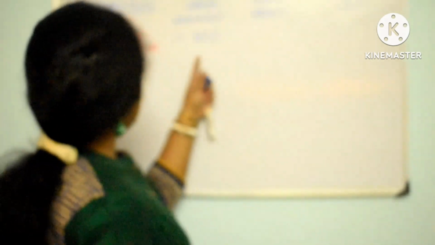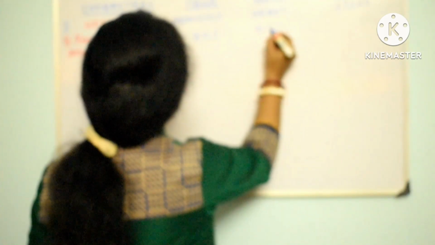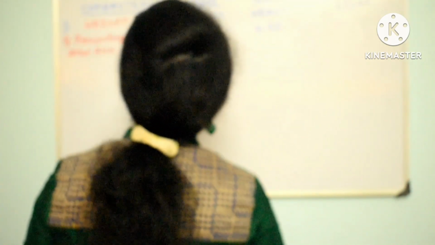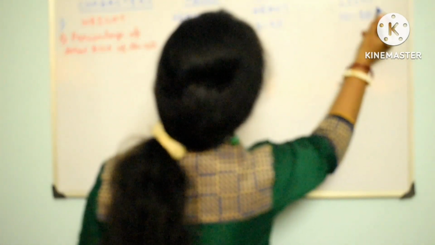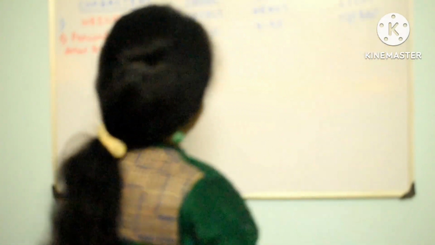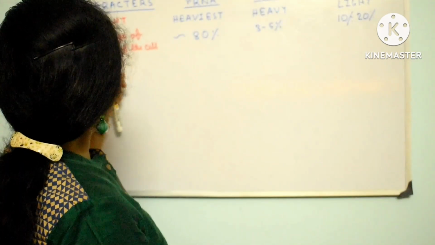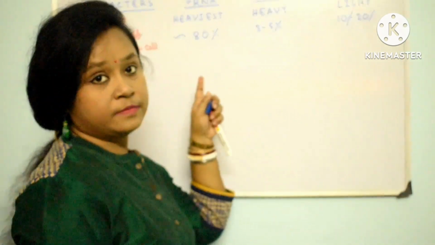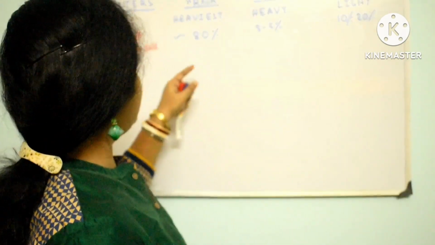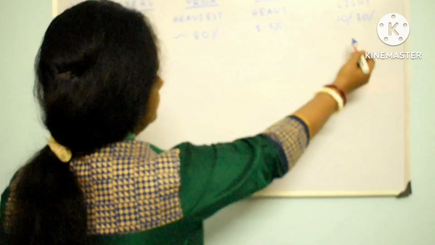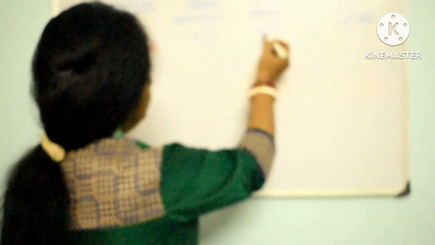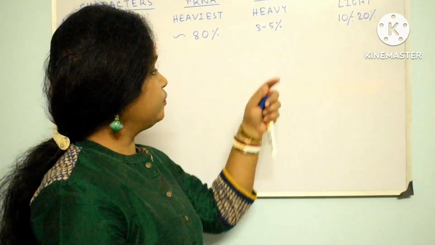A large amount of rRNA is present. In case of mRNA, it is 3 to 5%. And in case of tRNA, it is 10 to 20%. So in case of percentage of total RNA of the cell, rRNA is present in the highest amount, almost 80%, then tRNA 10 to 20% and mRNA very less, 3 to 5%.